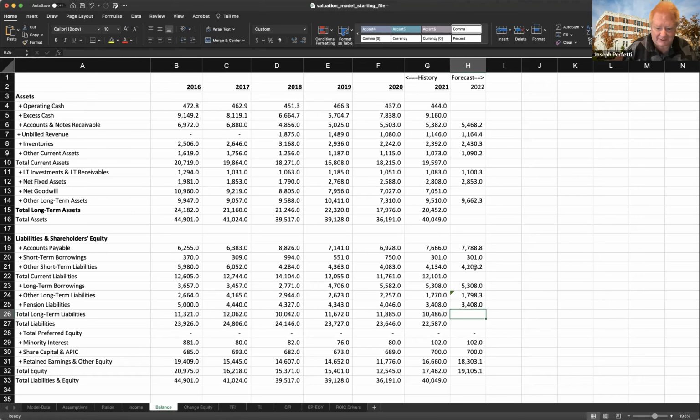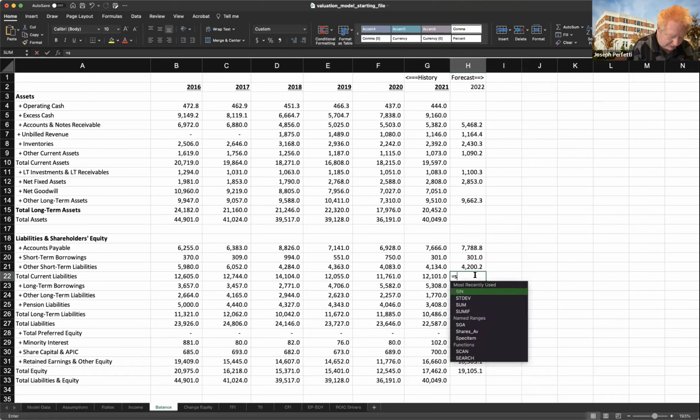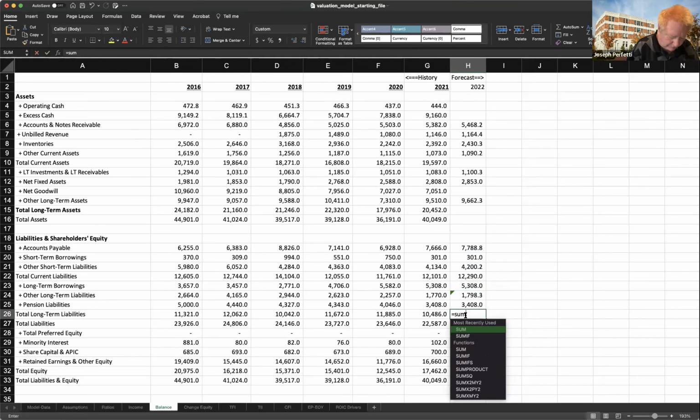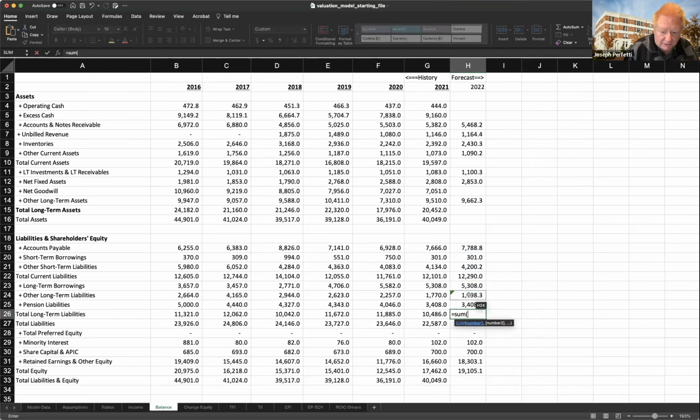Now, I'm ready to sum my current liabilities. Current liabilities are the three above: accounts payable, short-term borrowings, and other short-term liabilities. So for cell H22 equals the sum H19 to H21, 12,290. For long-term liabilities, that would be the sum of the three above: long-term borrowings, other long-term liabilities, and pension, H23 to H25.